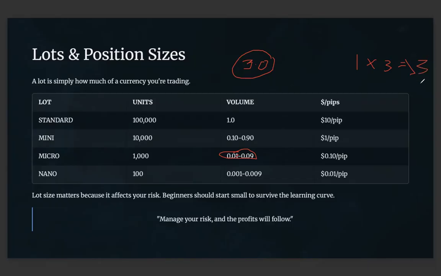Now, with a 3 as your loss, you are still within your risk parameters. You are not losing more than $5. Now, if you go ahead and say, oh, I want to use a 0.02, that means you are doing $2 per 10 pips. So it will be 2 times 3.0, which will give you what?